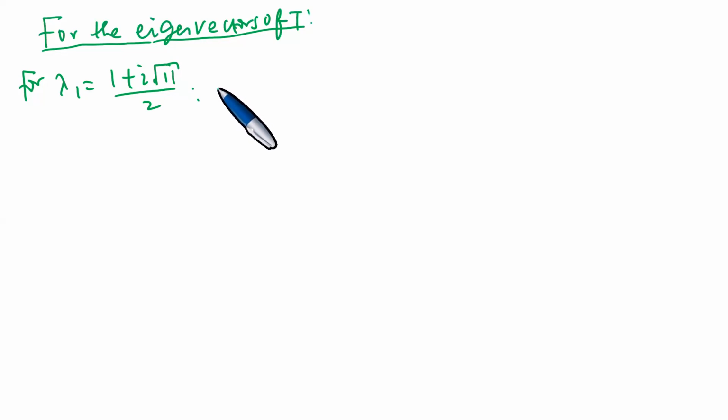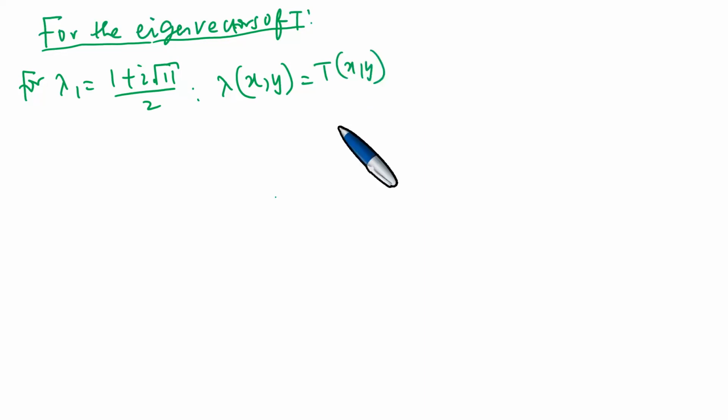Right, so if it's lambda into xy, that is actually what we called T of x and y. So T of x and y is lambda into that expression.